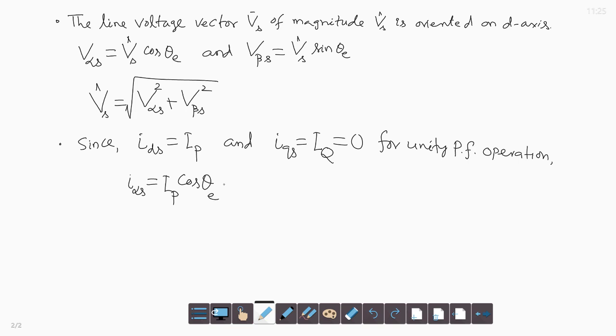So, I alpha S is IP cos theta e, I beta S is IP sin theta e. So, that tan theta e is I beta S divided by I alpha S.